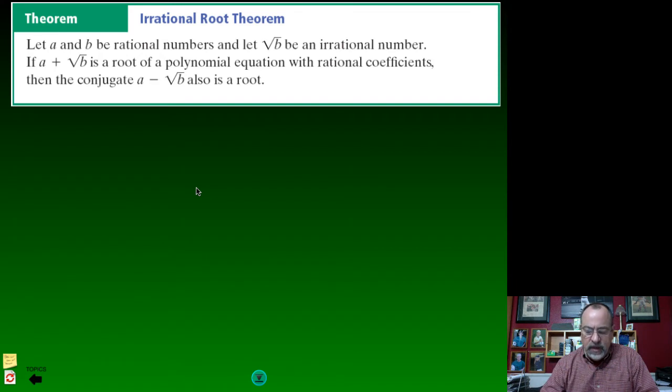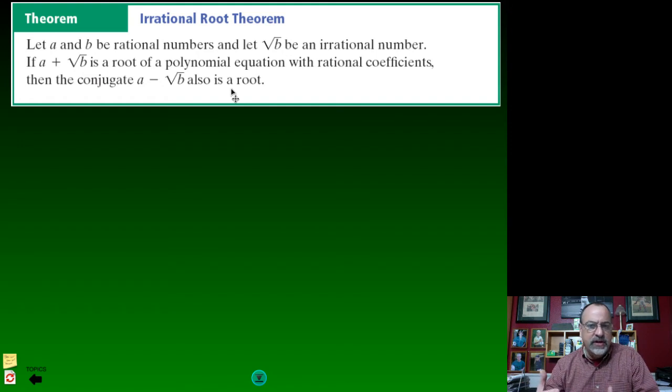All right. So let's take a look at this theorem and what it tells us. It says if we have a and b as rational numbers, meaning a and b are not imaginary, and the square root of b is an irrational number, then if a plus the square root of b is a root, then its conjugate is also a root. And you remember we talked about conjugates when we talked about imaginary numbers, that we change the sign of that imaginary part.